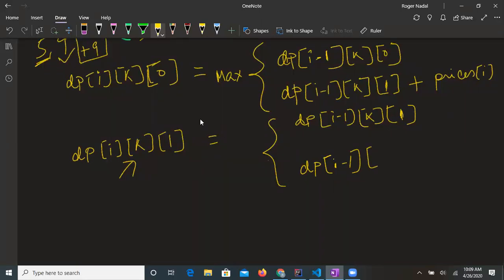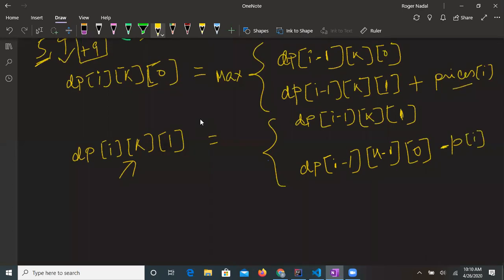Since we are going to have at most K transactions, that means I need to have K minus 1 transactions from the previous day because I am just doing a transaction today. And also, since I am going to hold one stock today, that means yesterday I had 0 stocks, right? That was the state I was in yesterday. From that state, when I buy, or maybe I start this transaction, I pay the price of whatever is today's price. So let's call it P_i.